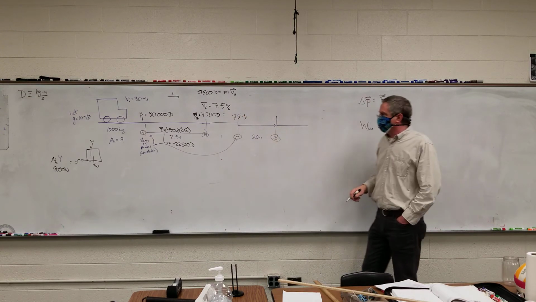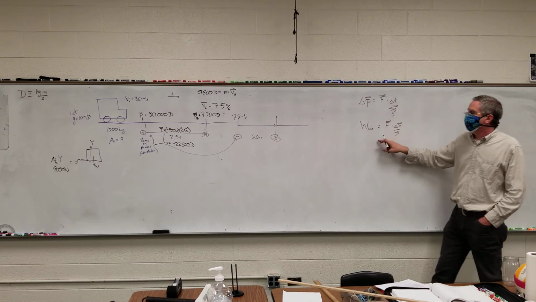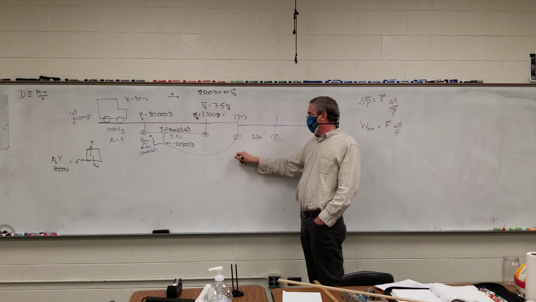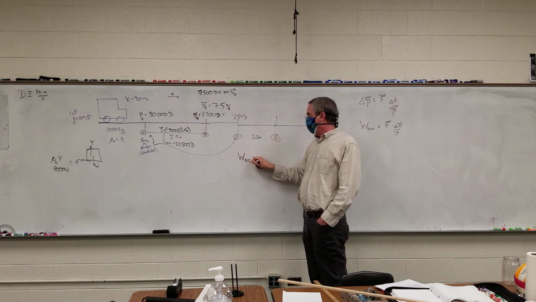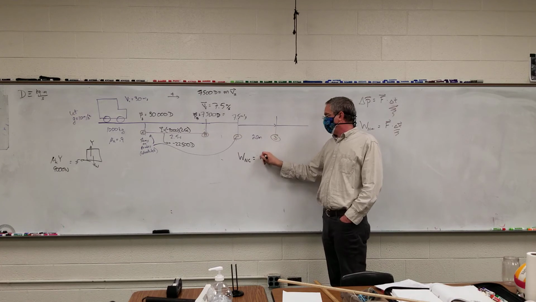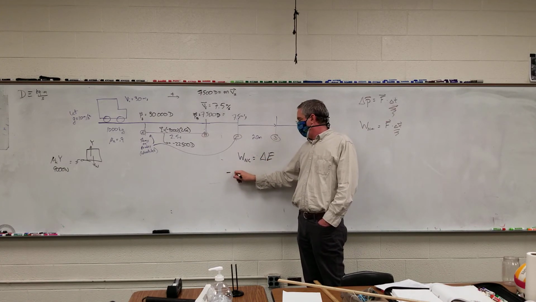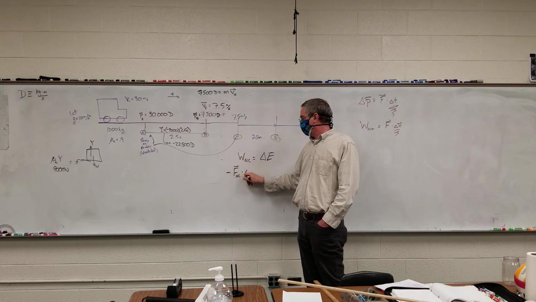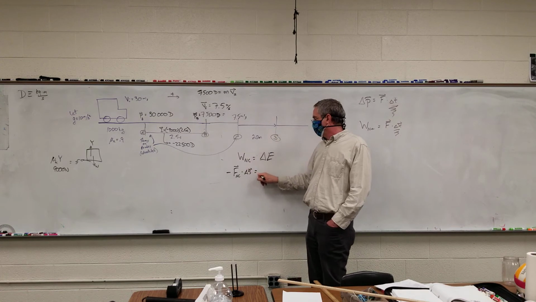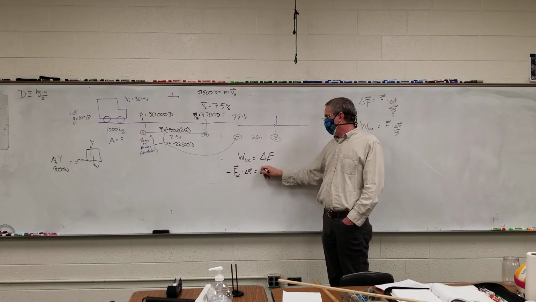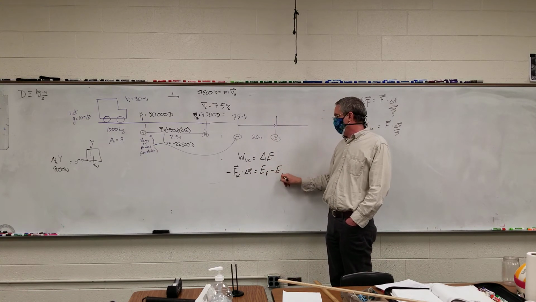I have non-conservative work going on here. We can go through the formality of it. Non-conservative work is equal to the change in energy. Negative non-conservative force times displacement is equal to E final minus E initial.